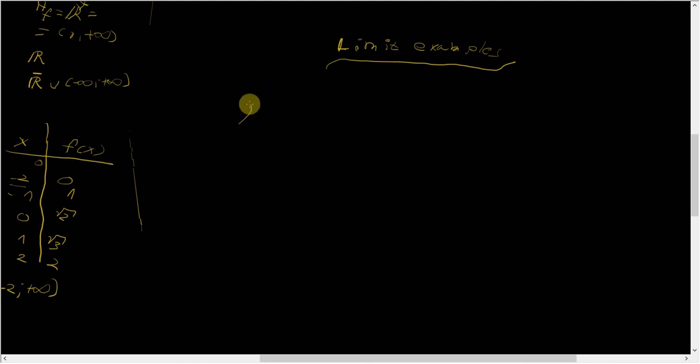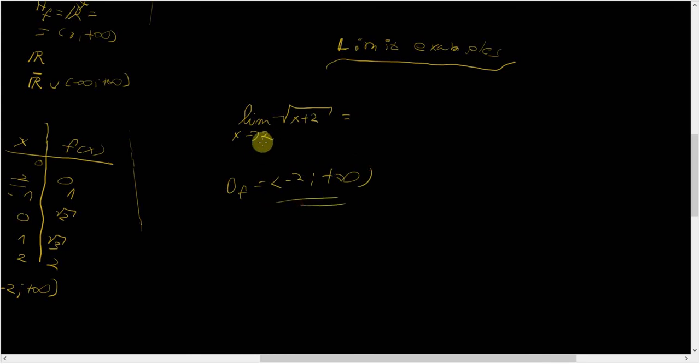So let's say we have a limit where x is approaching the number 2, and our function is the square root of x plus 2. Now, a question we have to ask, is our function continuous at the point 2? Well, if we have a look at our domain, it is from minus 2 to plus infinity.